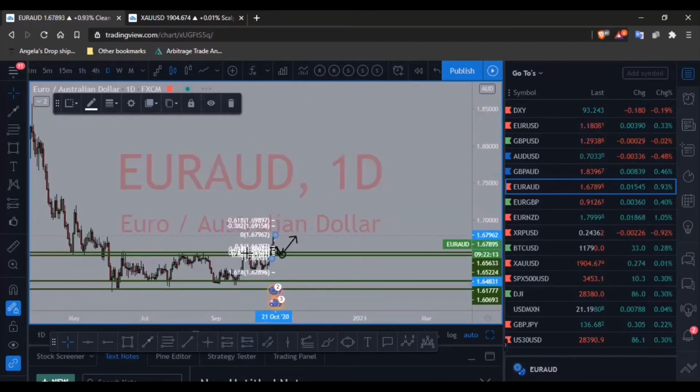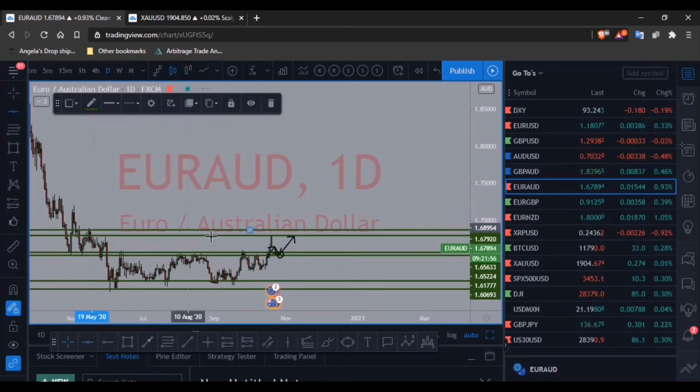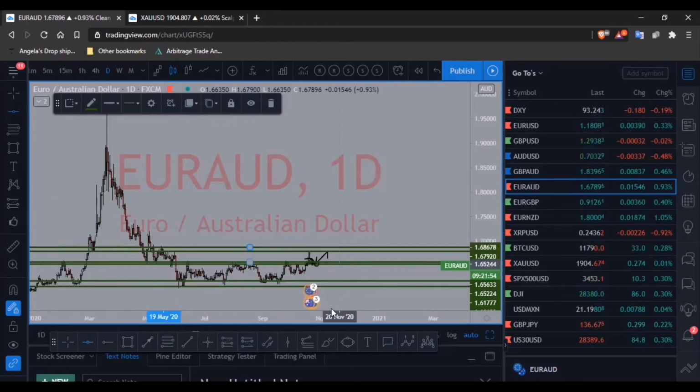Oh, it looks like it's actually finding its support right now, or its resistance right now. Awesome. So prices came up to this zone once again. Let me fix this up real quick.